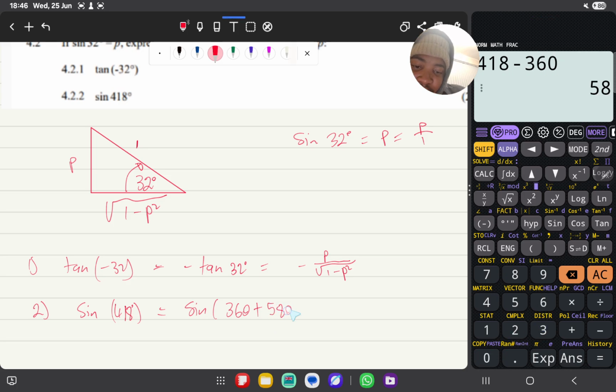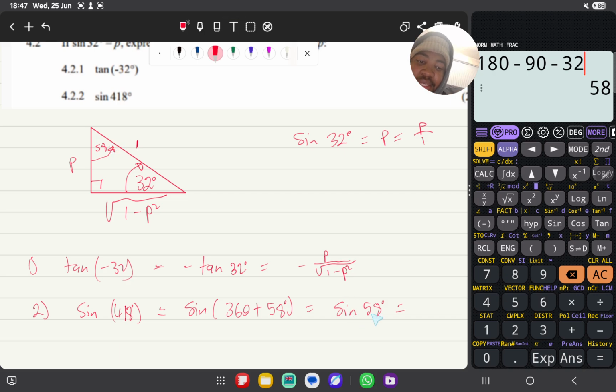We get 58 degrees, so sine 58 degrees equals what? Remember this is a right angle triangle: you have 180 minus your 90 degrees minus your 32 degrees, and you get 58. That means this angle here is actually 58 degrees, and you need to show it also on your diagram.